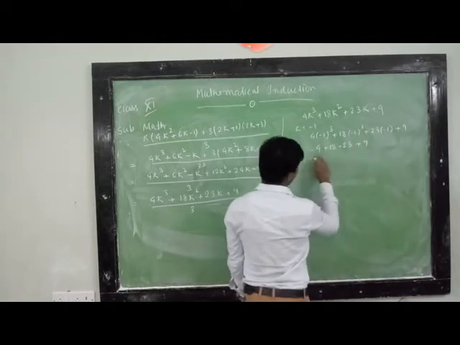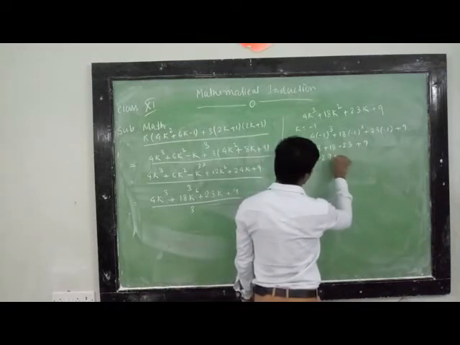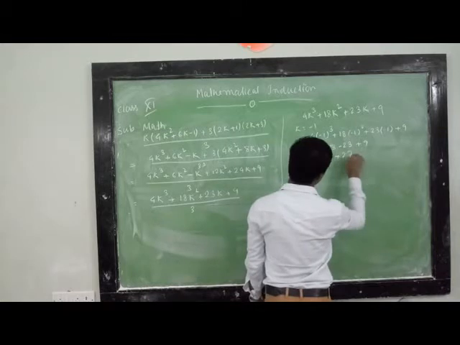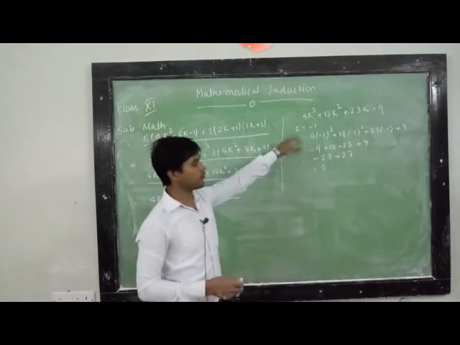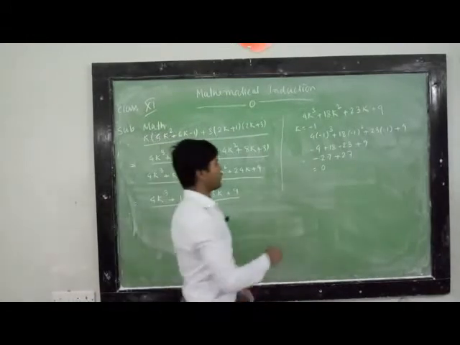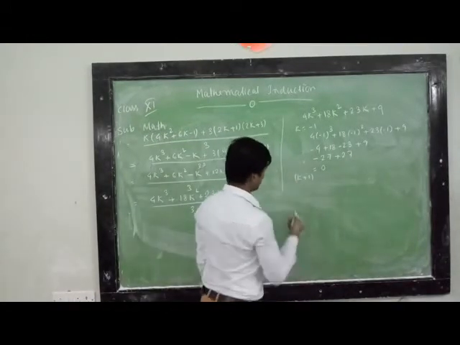So that is minus 4 and minus 23, that is minus 27, and 18 plus 9 is 27, that is equal to 0. Since the expression vanishes for k equal to minus 1, a factor of the expression is k plus 1.